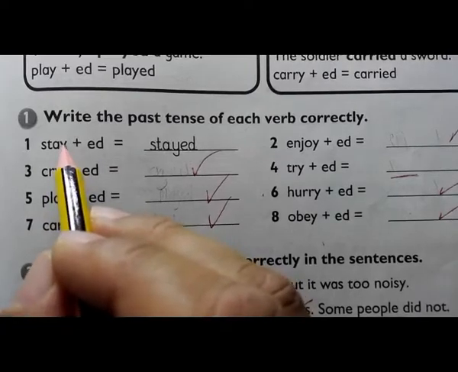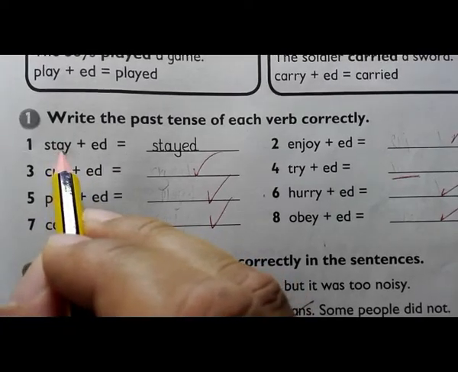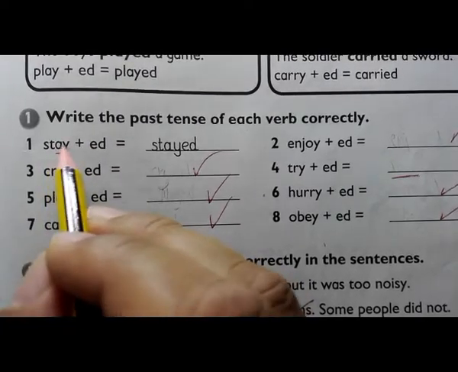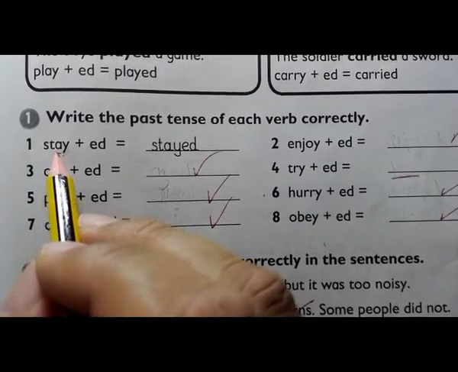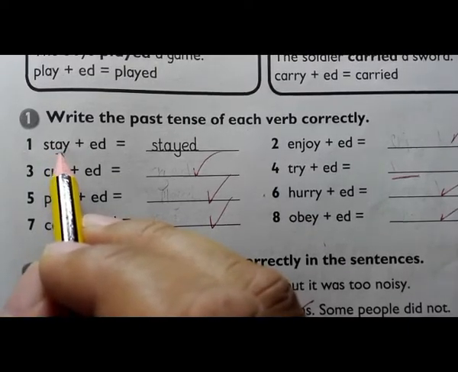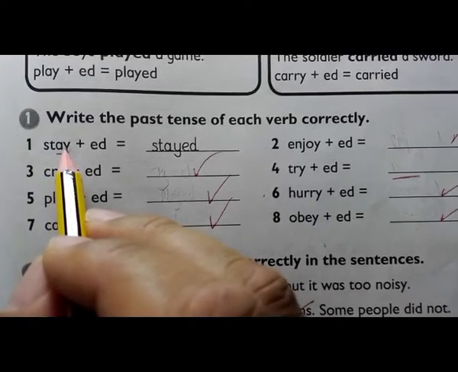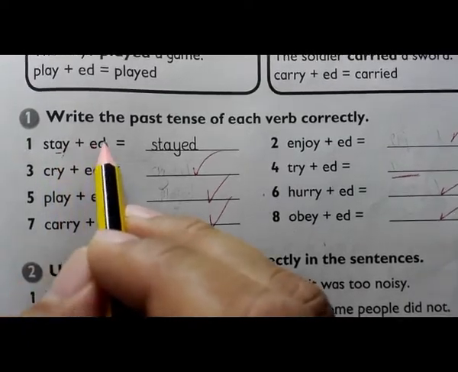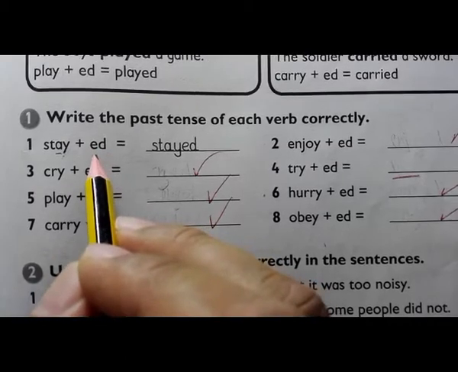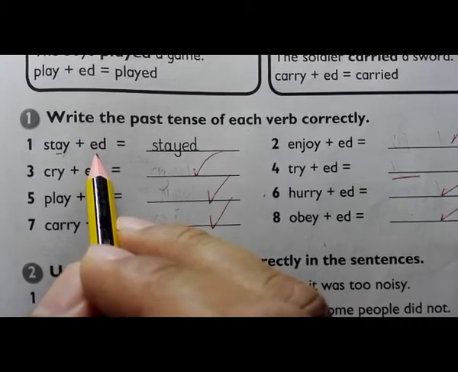First, look before y. What is the letter? If you look here, before y there is a, and a is a vowel. So when there is a vowel before y, just add ed to make past tense.